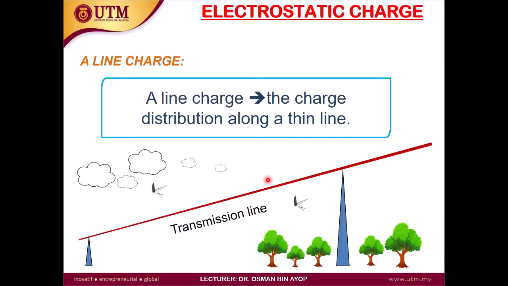So we can see the transmission line as a volume charge system. But what happens if I want to find the E field very far away from the transmission line? Then the transmission line looks like a line charge, especially when the line is very long. So we can use a line charge system.